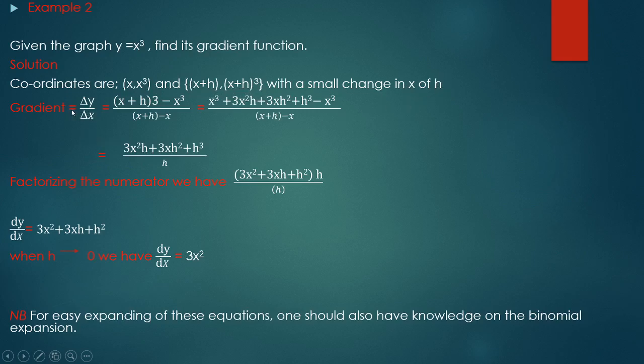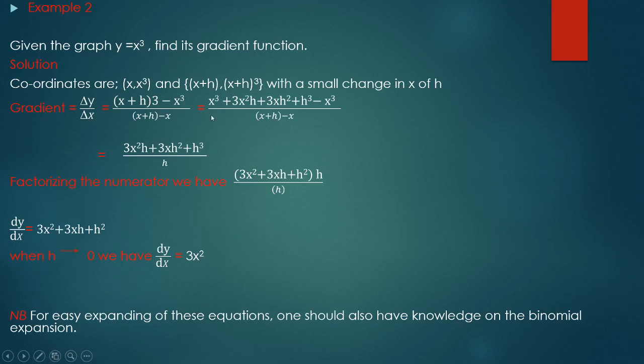And therefore, gradient we know is change in y over change in x, which is our (x plus h) cubed minus x cubed all over x plus h minus x. Now, we understand for us to expand (x plus h) cubed, you need to remember what we learned in Form 3 on binomial expansion for us to do it easy.